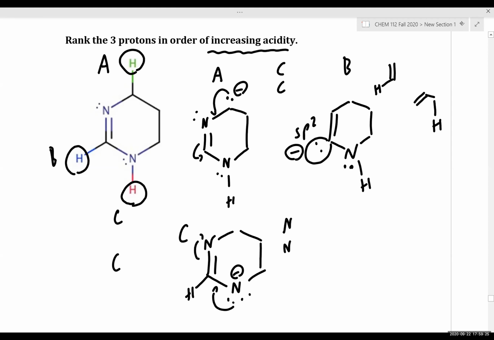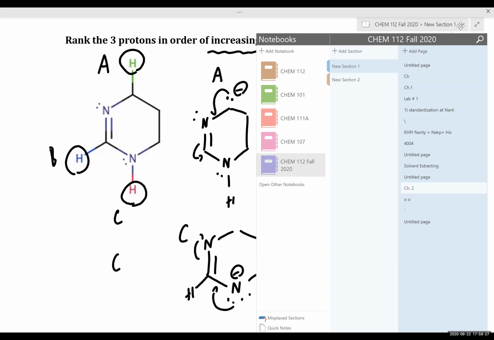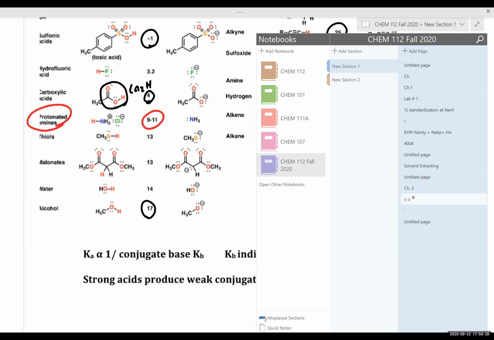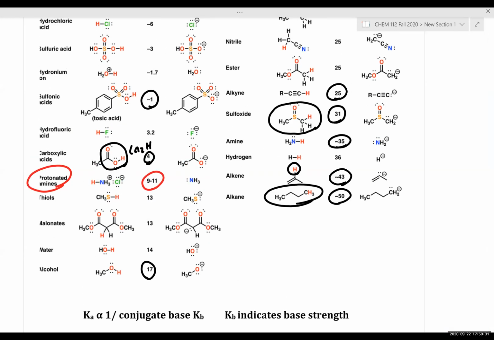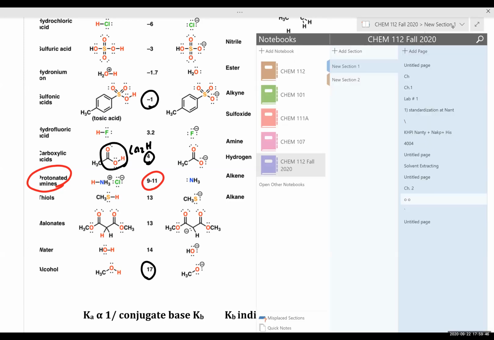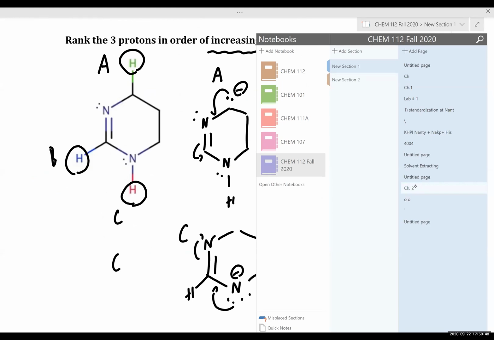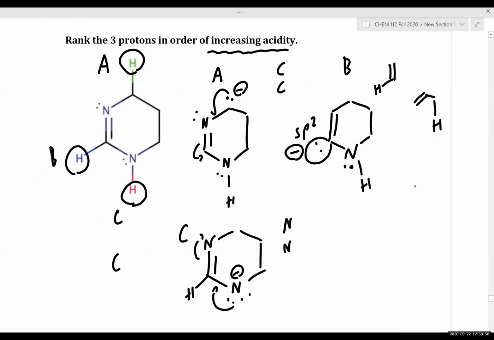So let's see if our pKa tables can provide us any rationalization that we can use. So the proton directly attached to our typical alkene has a pKa of approximately 43. So this proton has a pKa of somewhere around 43.